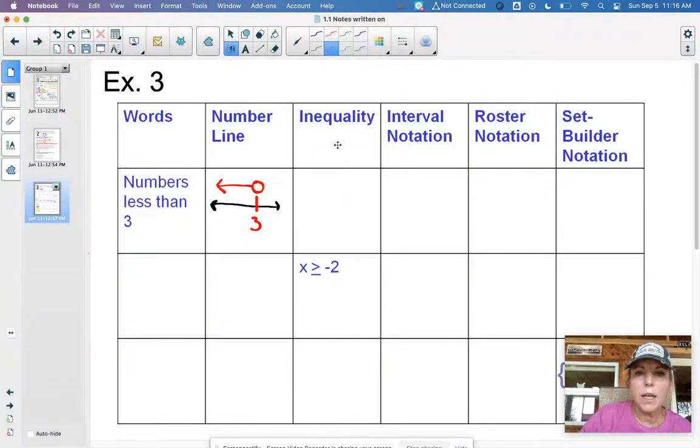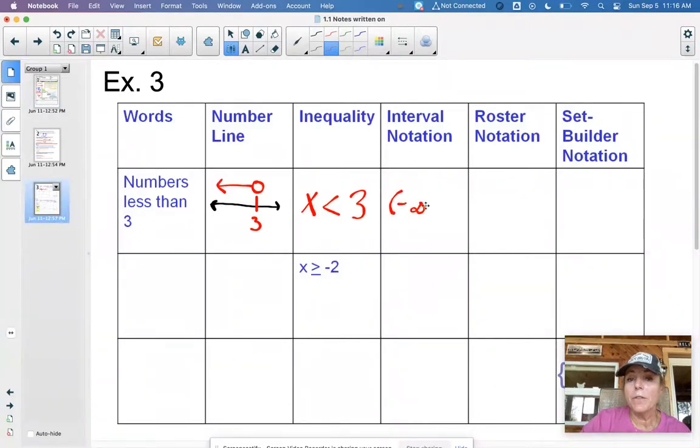Numbers less than 3. Inequality. There's only one number we're dealing with. It's not a sandwich. So the x has to be on the left. The arrow's pointing that way. So there's my nose pointer pointing that way. There we go. Interval notation. Well, my arrow is going to the left forever.